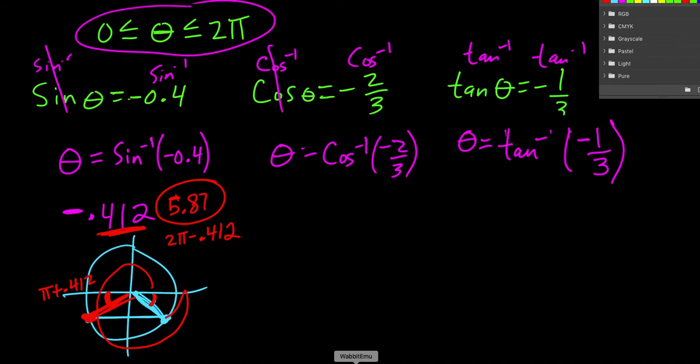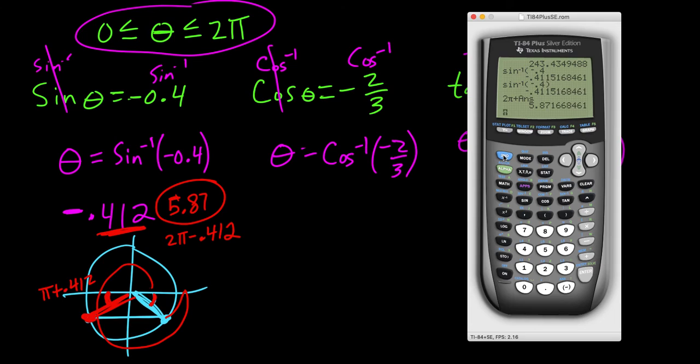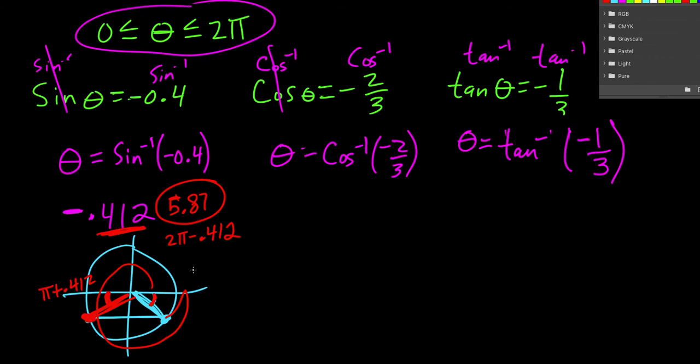So pi plus 0.412, that's going to give us 3.56. Maybe. Okay, and those are the two radian measures of those angles.